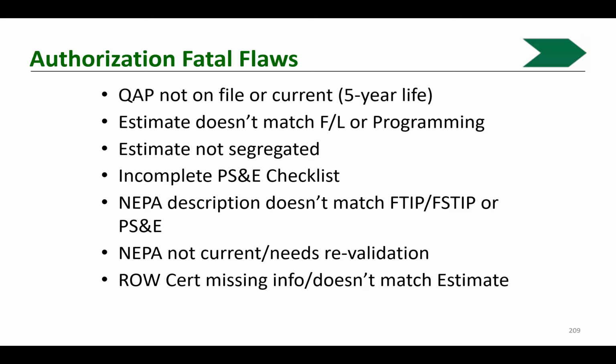But if you have a small project, you want your quality assurance plan to be adjusted to manage small sample sizes too when needed. And sometimes we've had to ask our agencies to update their quality assurance plan to be more flexible to meet their needs better. So that would again be a question to the DLAE to find out why they want you to update your quality assurance plan.